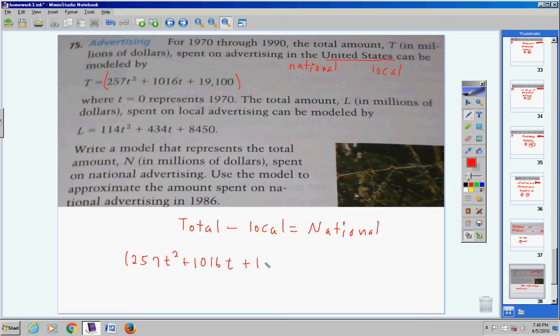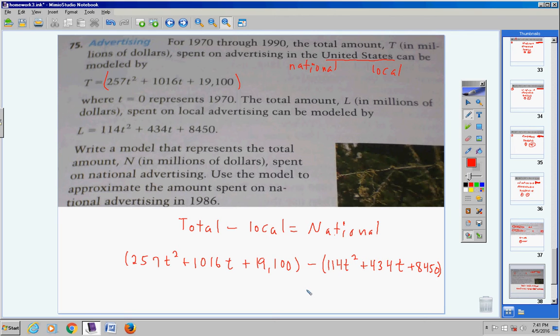From 1970 to 1990. What you're left over with has to be the national. It has to be a model that represents the national.